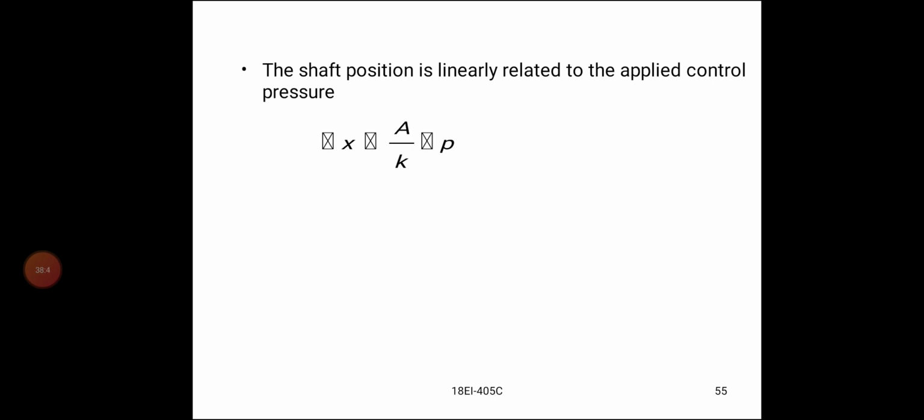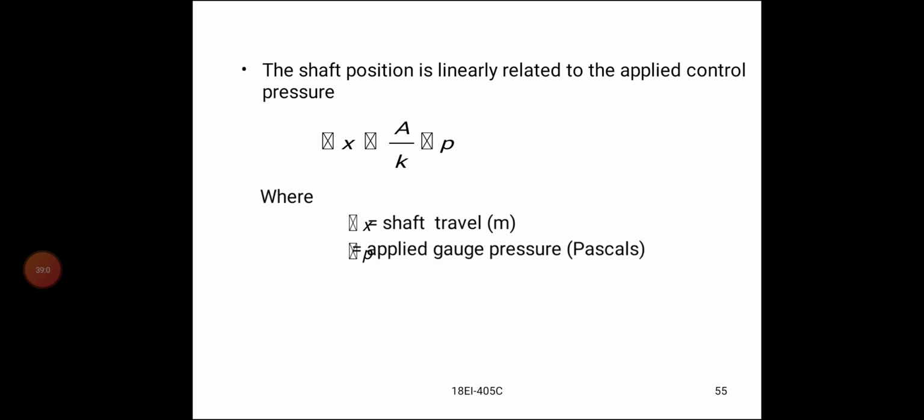Delta x, the change in displacement of the shaft, is equivalent to A by K times delta P, where delta x is the shaft travel, delta P is the applied gauge pressure in pascals, A is the diaphragm area in square meters, and K is the spring constant.